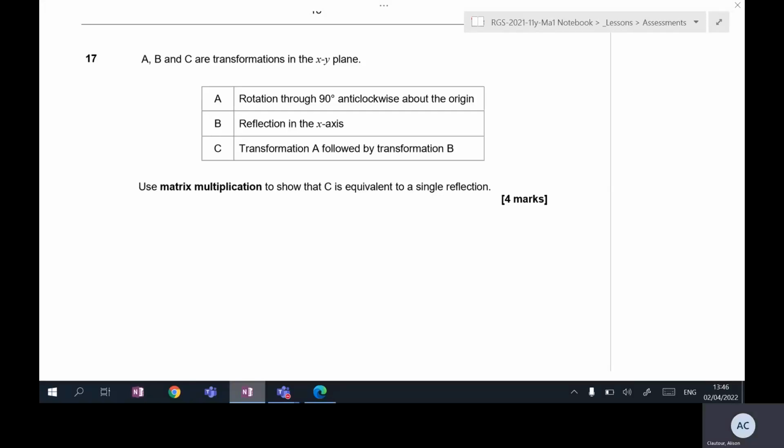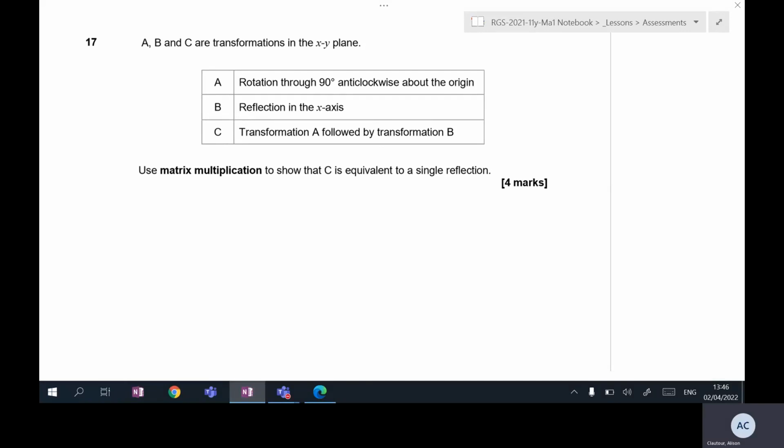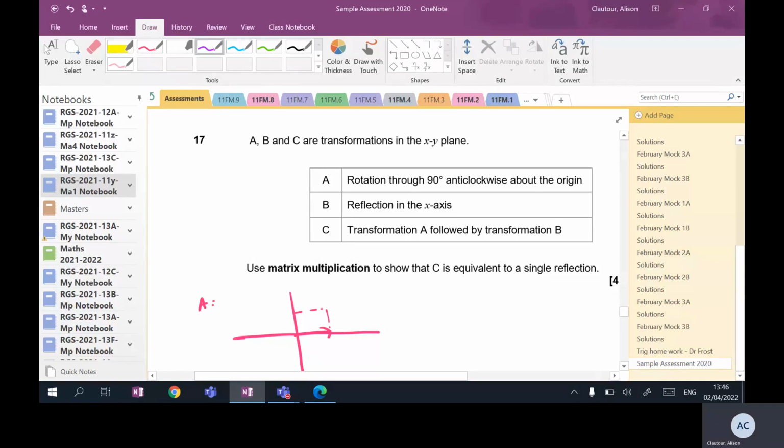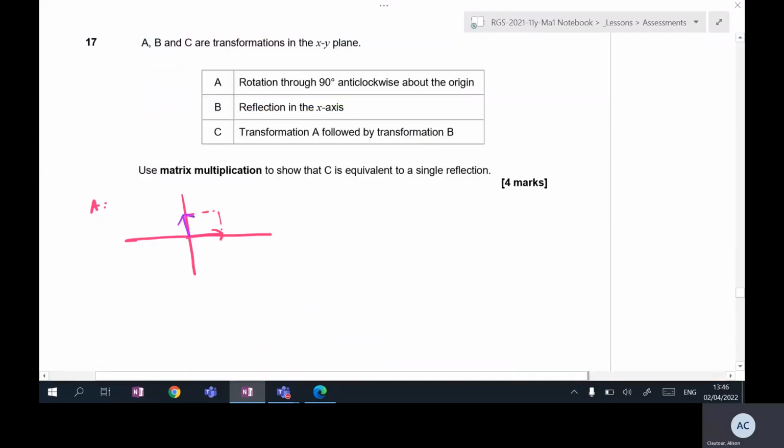Okay, so let's have a look at this question. A, B, and C are transformations given to you in this strange table format. So let's just have a look at what these matrices would be. So for matrix A, we're going to start off drawing our unit square. I would always put your vertical vector in a different colour, so it makes it easier to see. And then this is a rotation 90 degrees anti-clockwise.